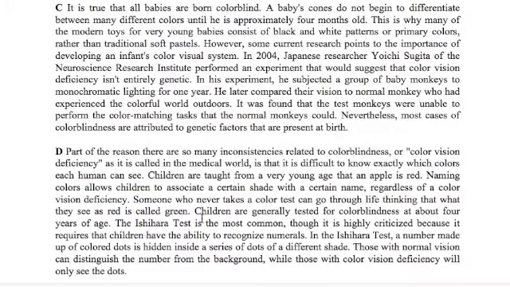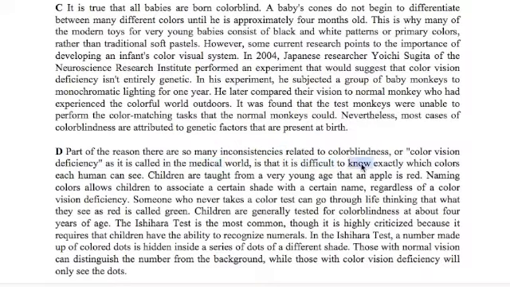Okay, let's continue with paragraph D. Part of the reason there are so many inconsistencies related to colorblindness, or colorblindness deficiency as it is called in the medical world, is that it's difficult to know exactly which colors each human can see. Okay, so there are inconsistencies in the medical world. Difficult to know. Okay, let's look up here.